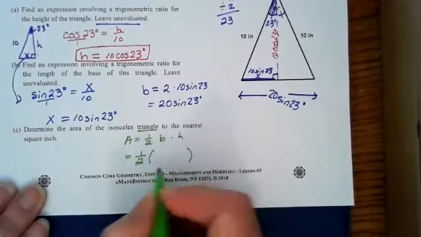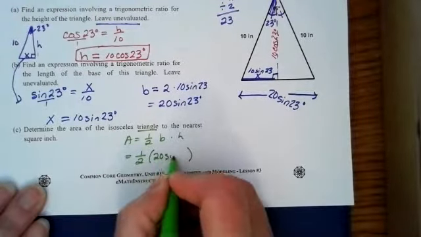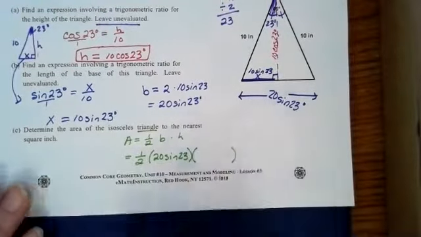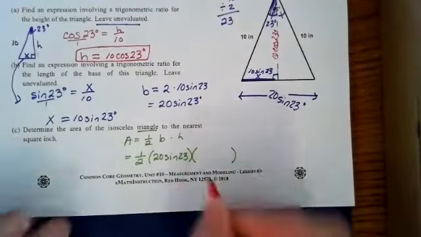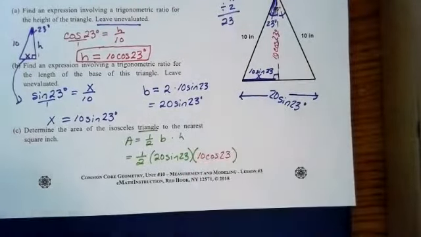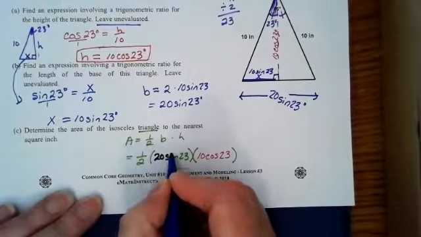So that 1/2 factor is going to be part of our formula. We'll put the base value in, that we got as 20 sine of 23, and bring in the height that we got, and that was 10 cosine of 23 from part A. Now I'm wishing I would have been better at my color coding here. I'm going to make this one blue.